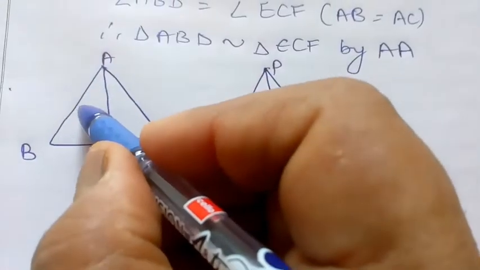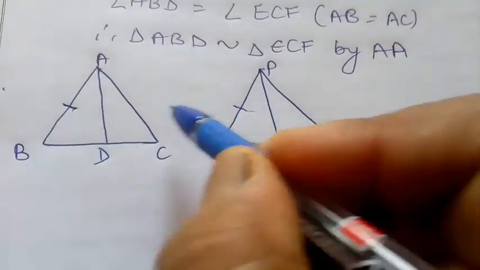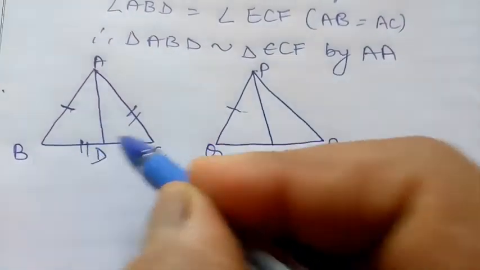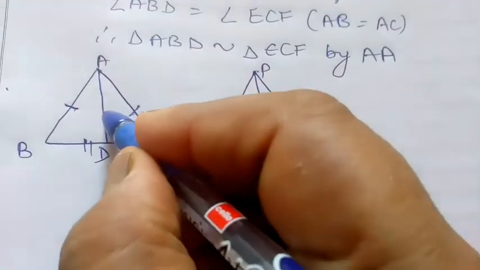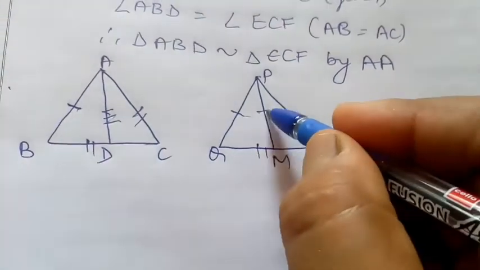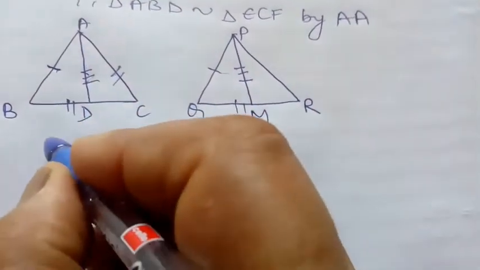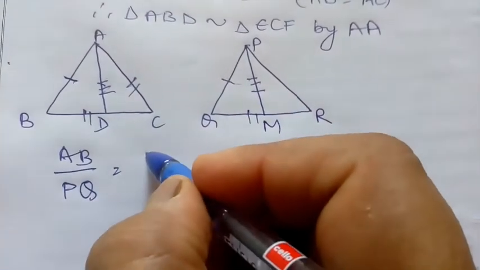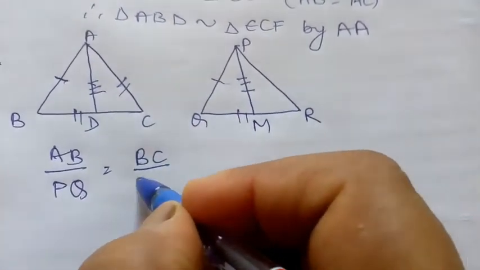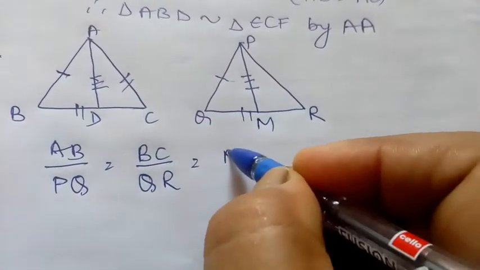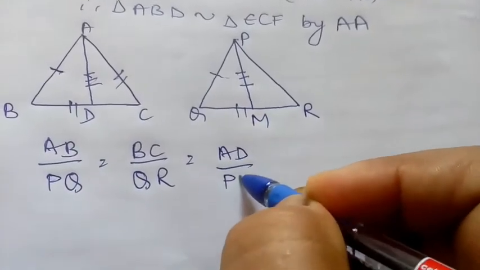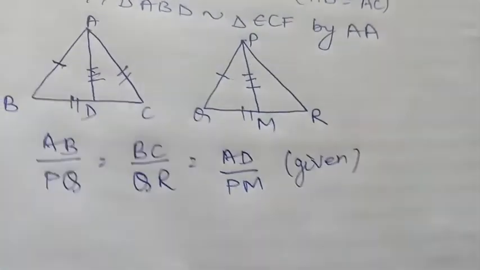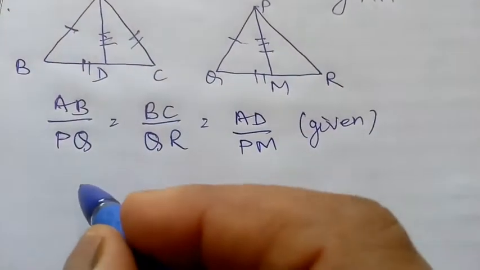In the triangles, AB upon PQ, BC upon QR and AD upon PM are given. These are proportional. We have to prove that triangle ABC is similar to PQR.